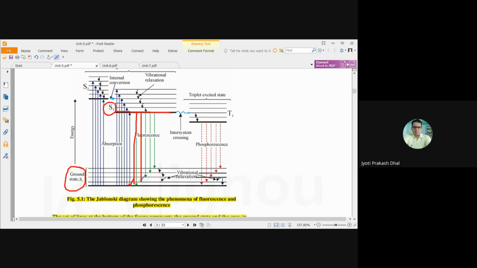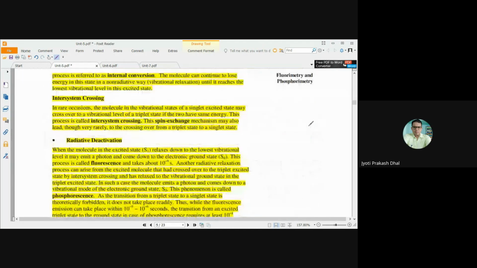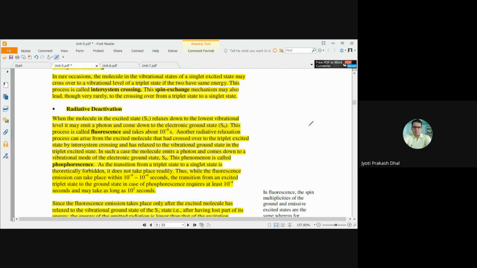The time taken for fluorescence is around 10 to the power minus 9 second after excitation. The time taken for internal conversion and ISC is around 10 to the power minus 15 second after excitation. But for fluorescence, the time taken is around 10 to the power minus 9 second, and that is one type of radiative process.